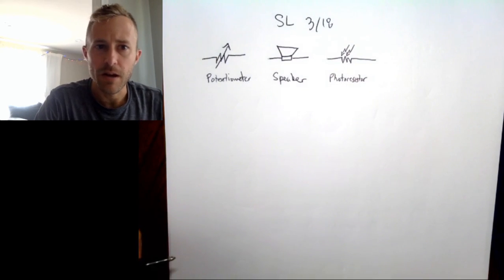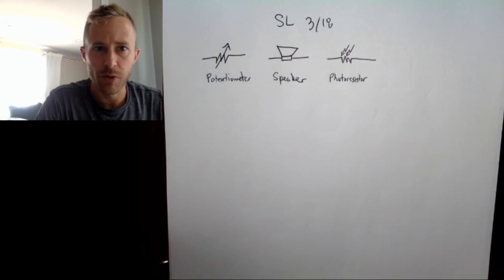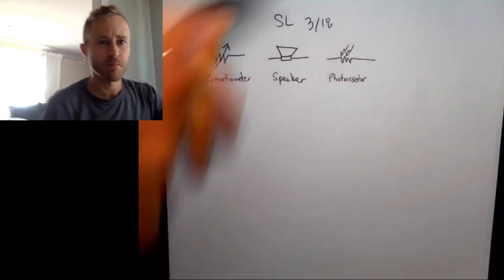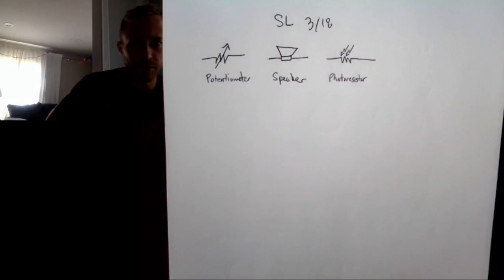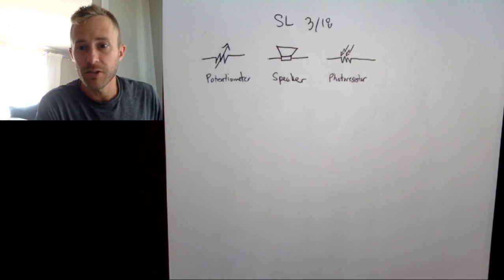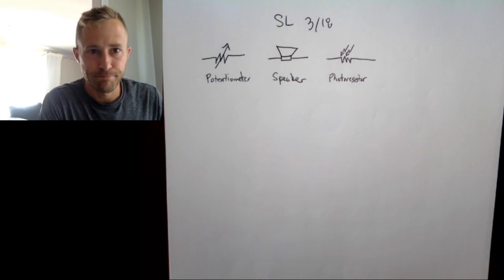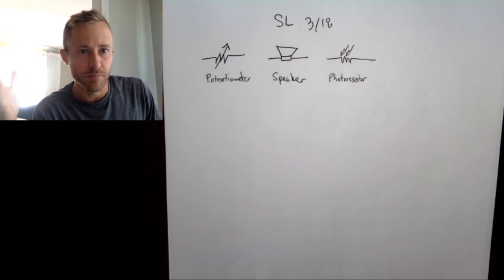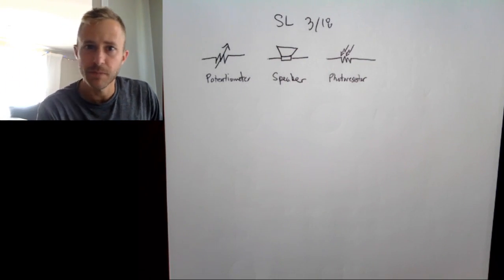A photoresistor is a resistor that depends on light level. So if the light level changes, the resistance changes. So it's kind of cool.